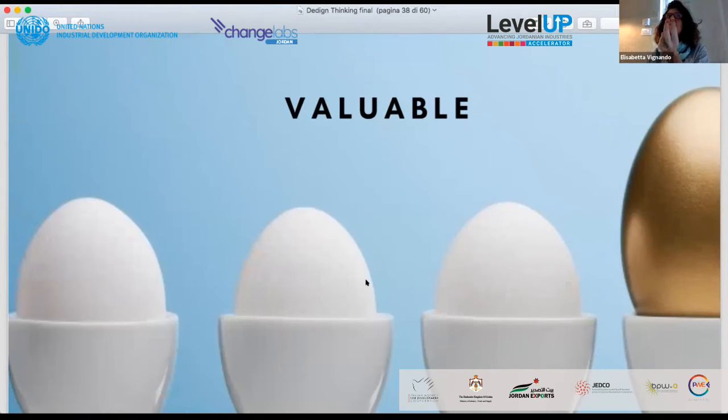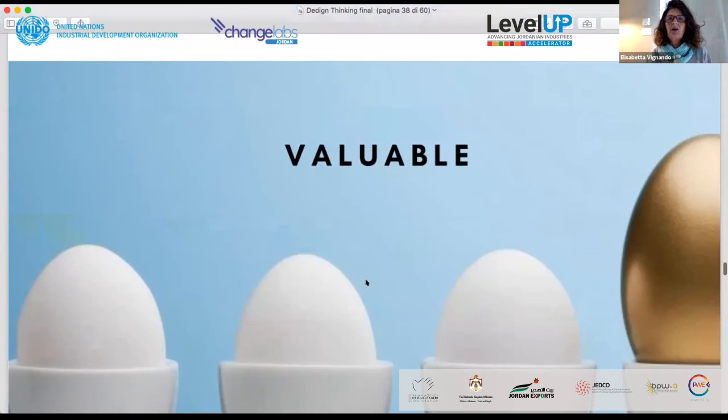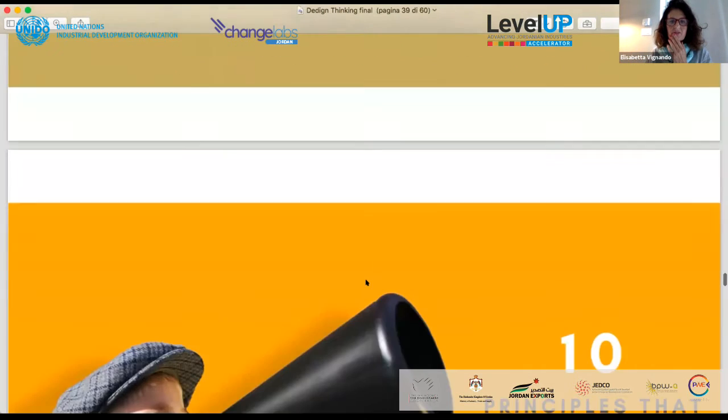So this is a very important asset of your product. How sustainable the product is, which materials you use to produce it, how you fit the product in the market, the way you market the product, and the way you communicate your marketing campaign. So we have tangible and intangible assets when we are talking about the value of the product or the services.